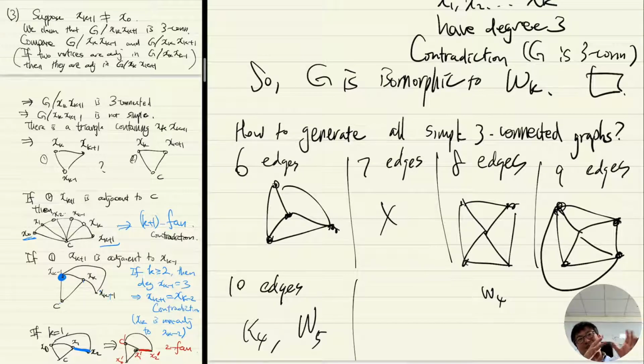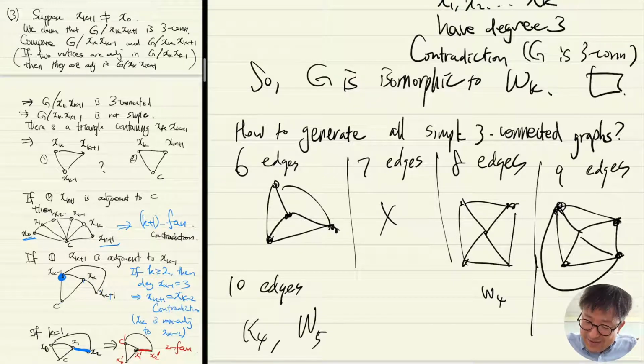So if I know the list of simple 3-connected graphs on 9 edges, I can build a list of simple 3-connected graphs on 10 edges just by going through each member of the list, and adding one edge, or uncontracting someplace. Oh yeah, I should have uncontracted, so there's a cheating.